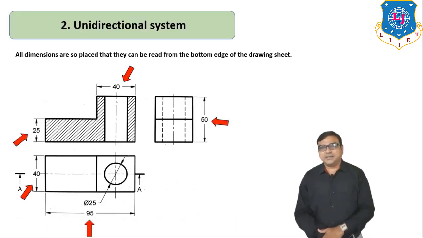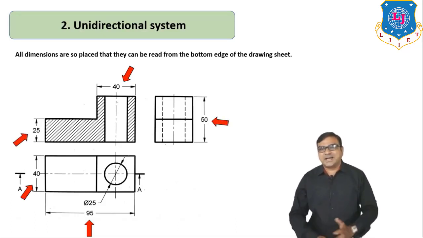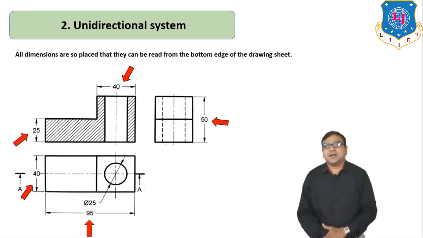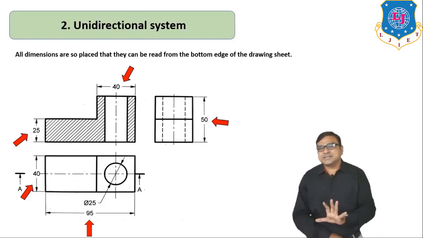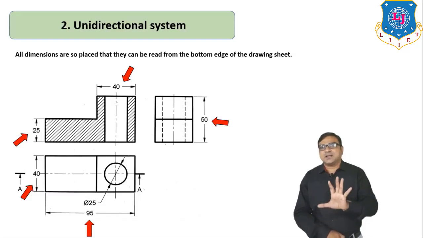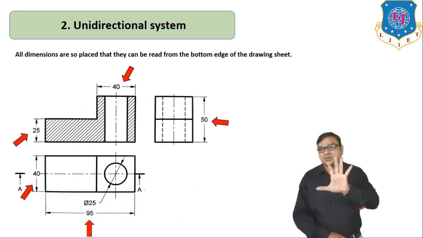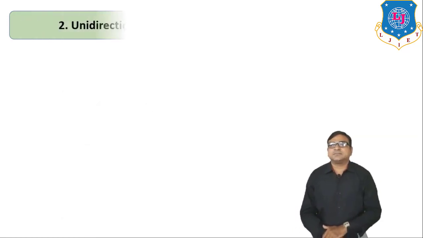And the remaining 3 dimensions which represent the height of the object, here also the numerical values of the dimensions are always vertical. So in unidirectional system, all the dimensions are so placed that you can read from one direction only, all are vertical.